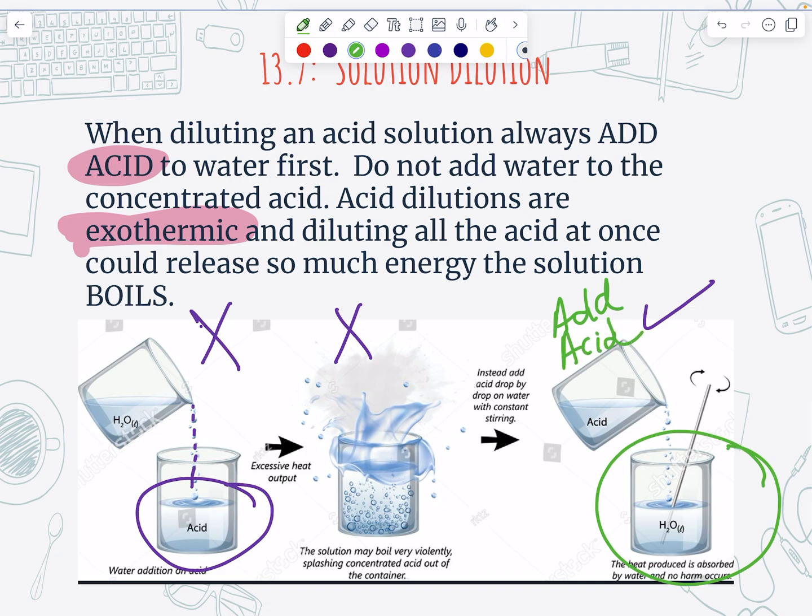That's what we are taught to memorize, that we always add the acid. Because in that case, we're only diluting a very small bit of acid at each time. And when we do that, it's releasing heat, but a smaller amount of heat, and we can let that dissipate before we keep adding the rest of the acid in.